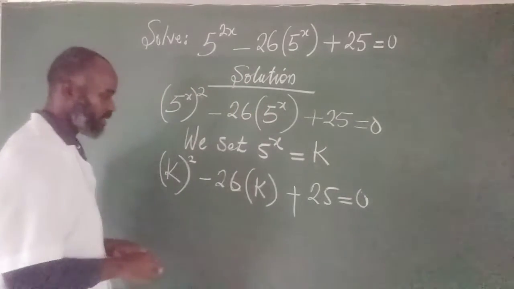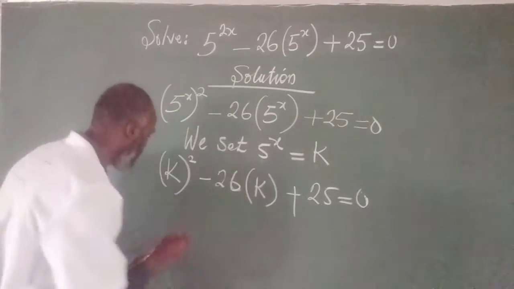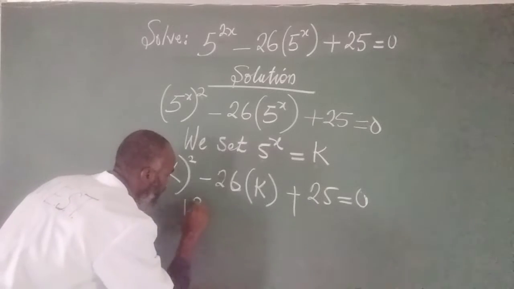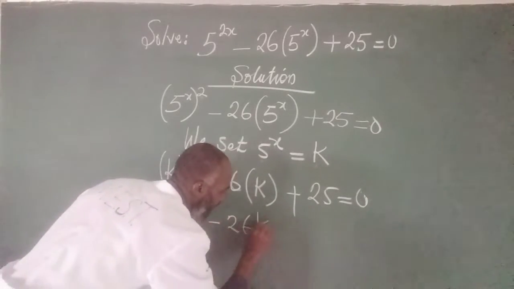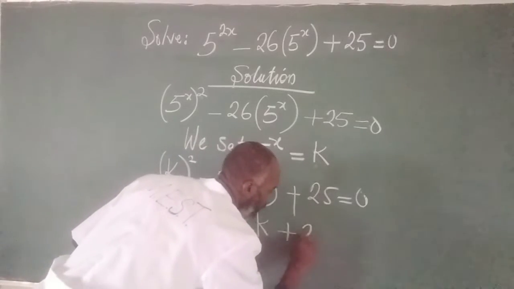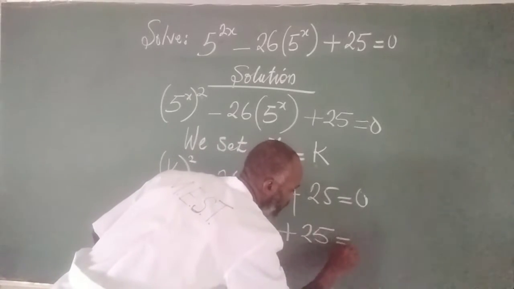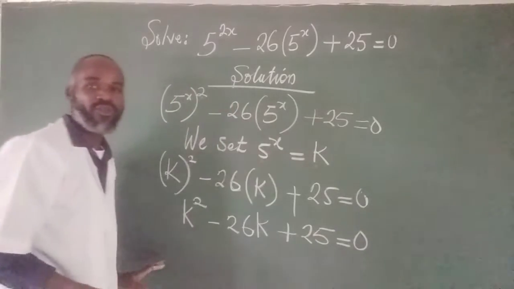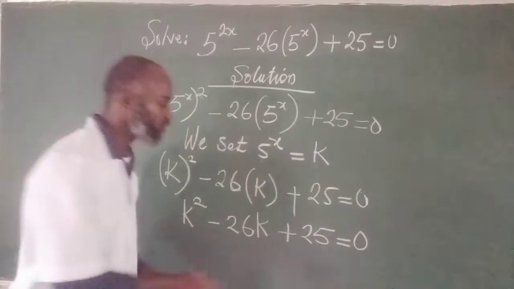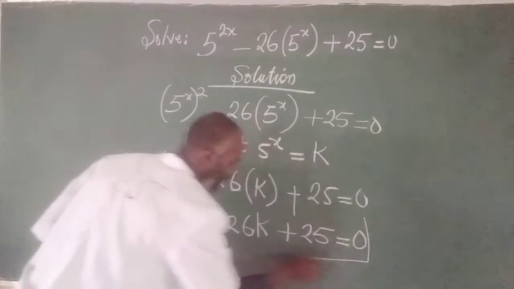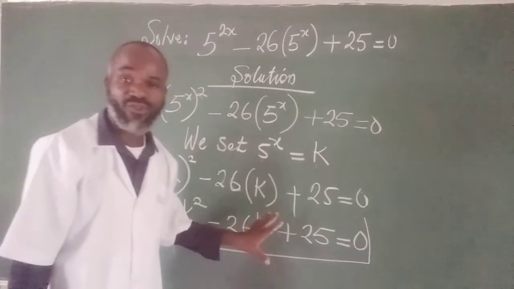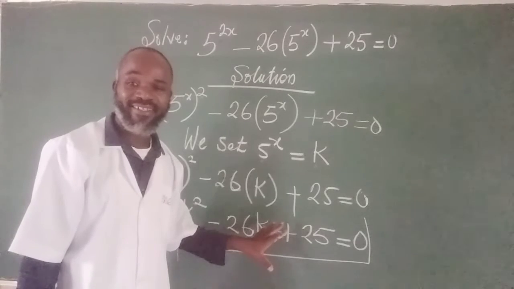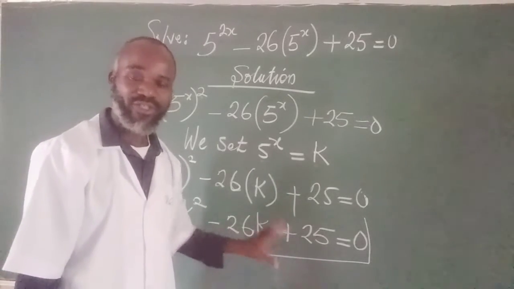Then with this, we can now further simplify. This becomes k squared minus 26k plus 25 all equal to 0. We have succeeded in generating a quadratic equation.